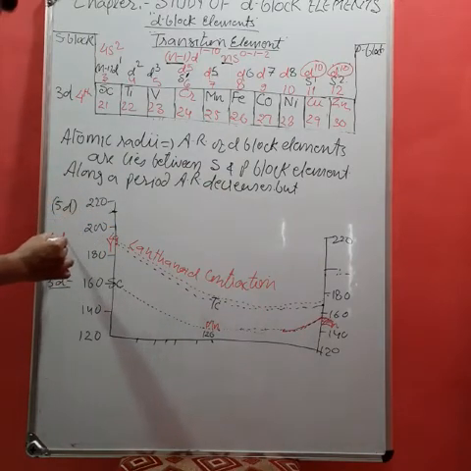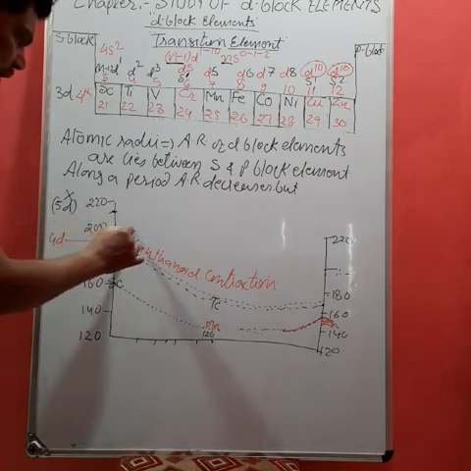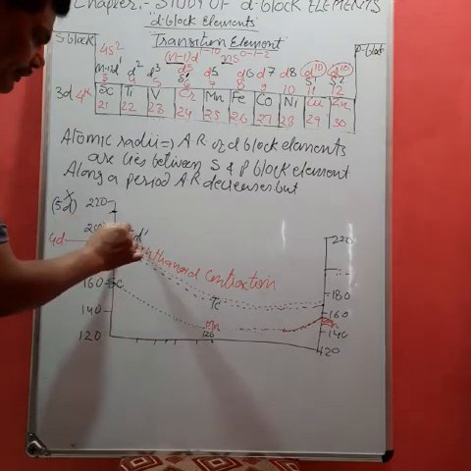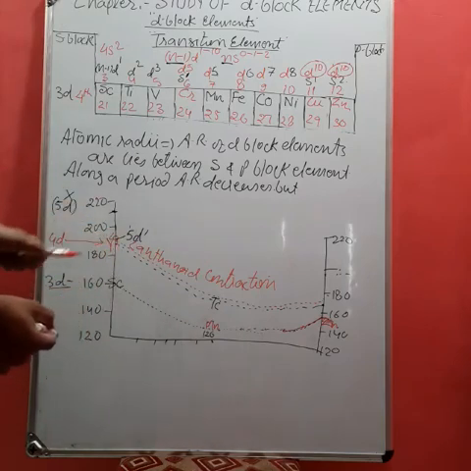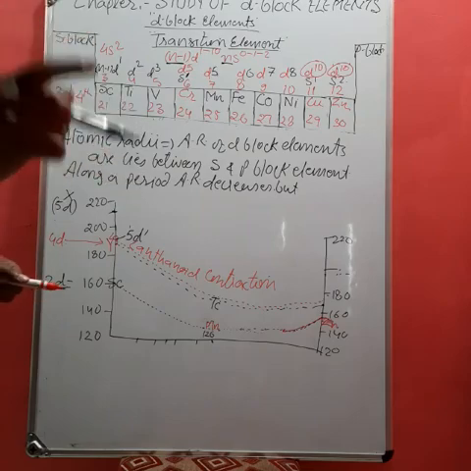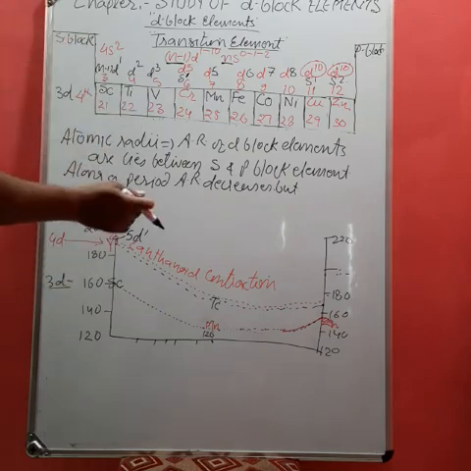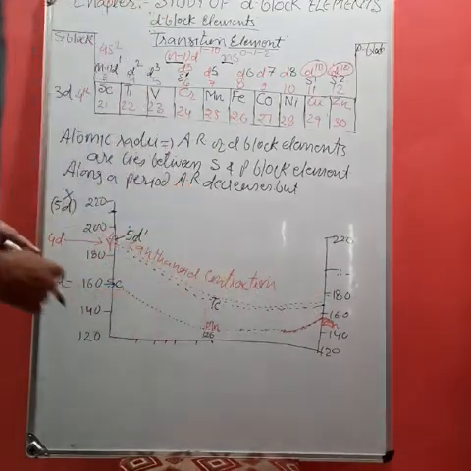Therefore, the 4D series shows this size, but the 5D series exceptionally does not show this one, but it shows this trend. Therefore, we are saying the size of 4D is almost the same as compared to 5D. Like zirconium and hafnium, there is only 1 picometer difference in their size. The same difference is seen in all the elements of 4D and 5D series.